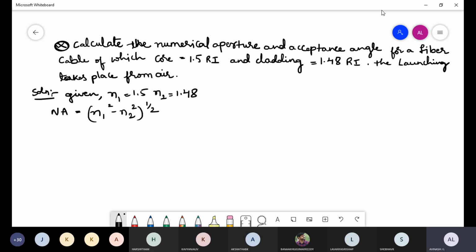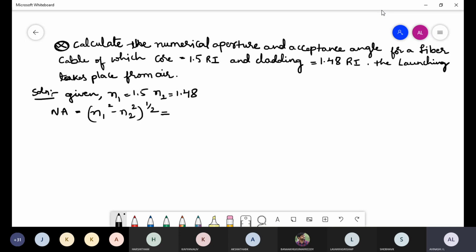There are some more formulas which relate the core, angle of incidence and angle of refraction, which are also required, but without that also we can find out the numerical aperture because it's a geometrical property.